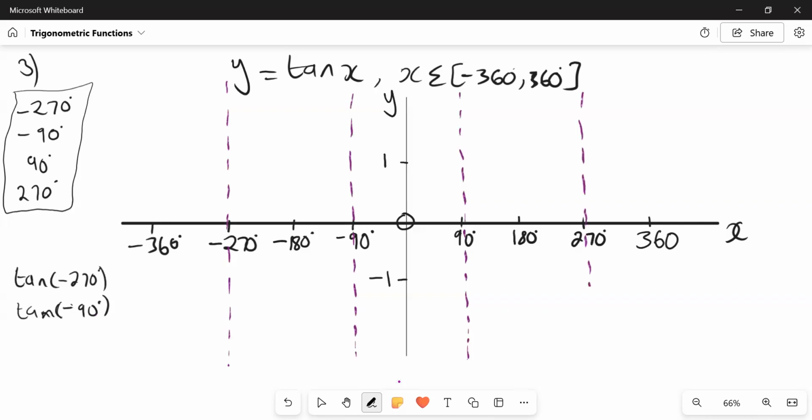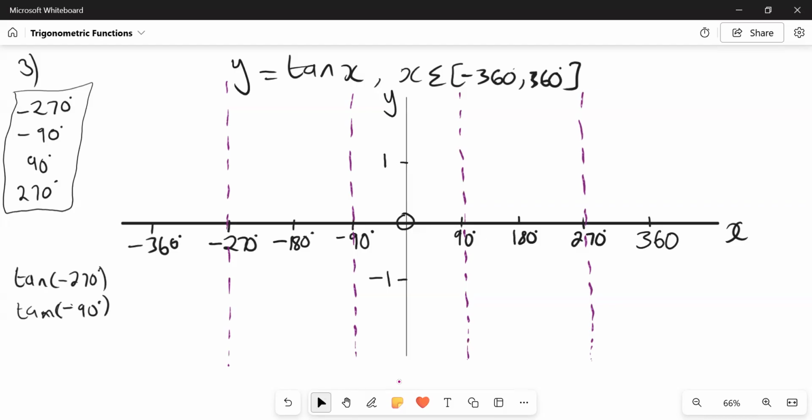I believe that it's clear. So at negative 270, the graph will never touch or cut negative 90, 90, and 270. Those are our asymptotes.